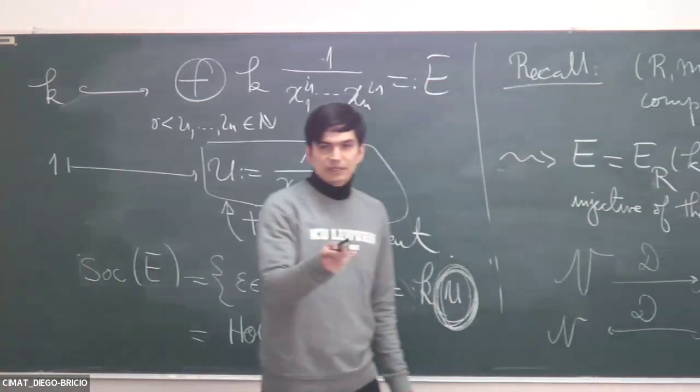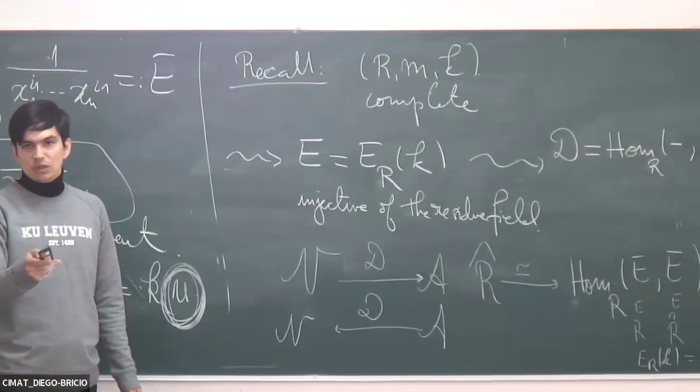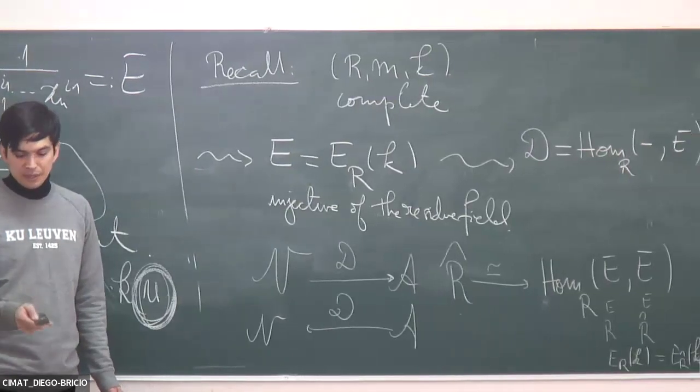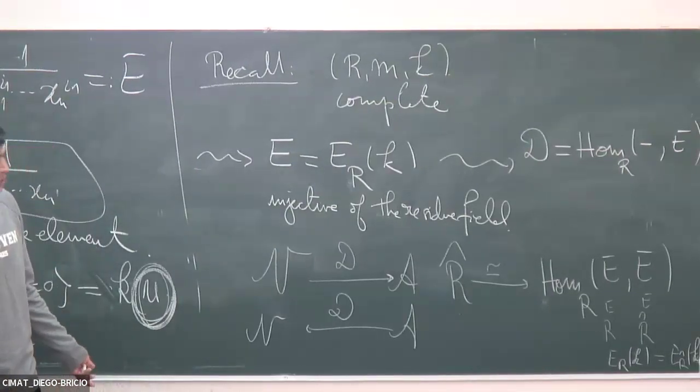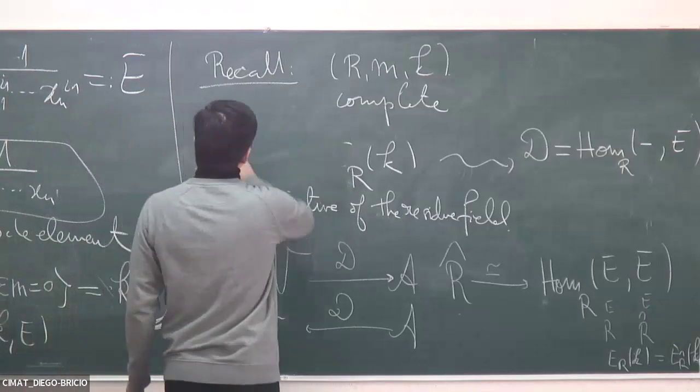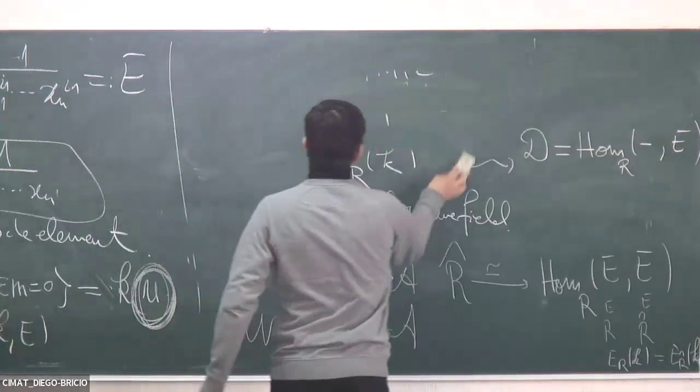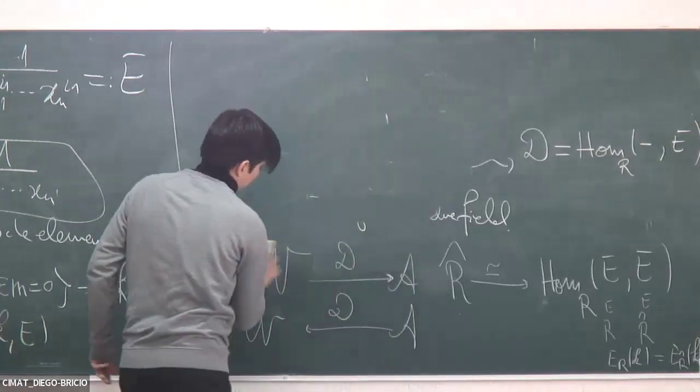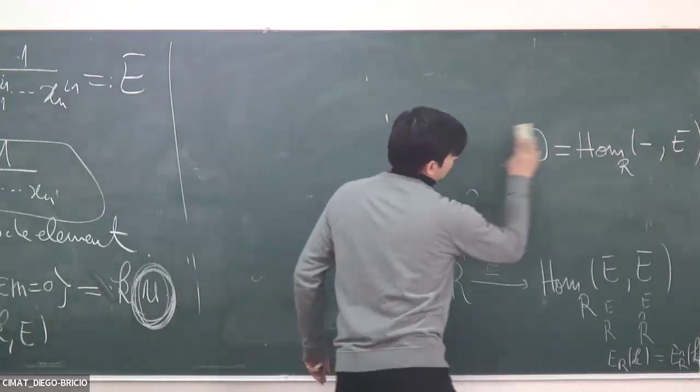But before we get into that, that was the socle of the power series ring. But what about the injective hull of any complete local ring? How do we compute an injective hull of the residue field?